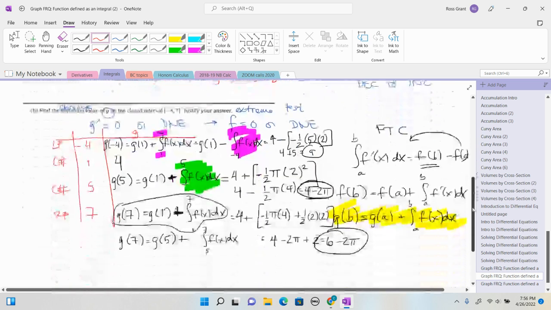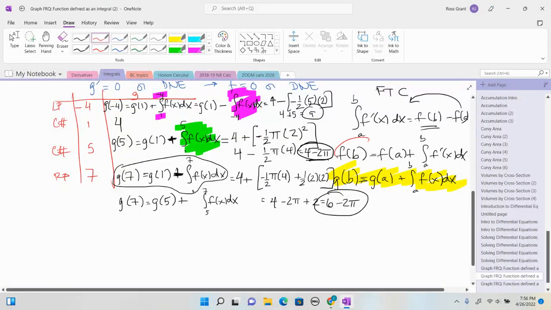Another way to do this one here is I could have taken this. No, actually, I could have taken this, and going backwards to -4, -4 and 1. In that case, you don't have your final amount, you have your initial amount. So I could solve for g of a by subtracting the integral from each side.